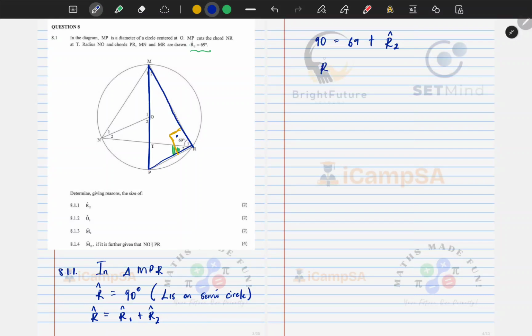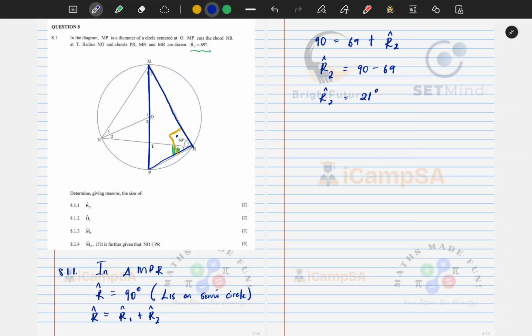So R2 is equal to 90 minus 69. If you punch your calculator, 90 minus 69 gives you 21 degrees. You always have to write 21 degrees.